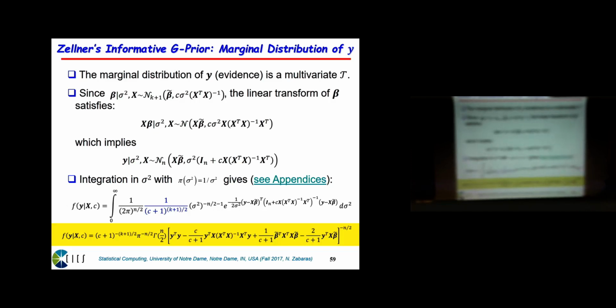And the final answer, which I'm going to simplify, is what you see here. If you do the integration on sigma squared exactly, you get this big parenthesis to the power minus n over 2. So the question I have for you is, how do you get this formula? This is the marginal likelihood where the marginalization is only on beta. Look at the derivations and tell me where this is coming from.